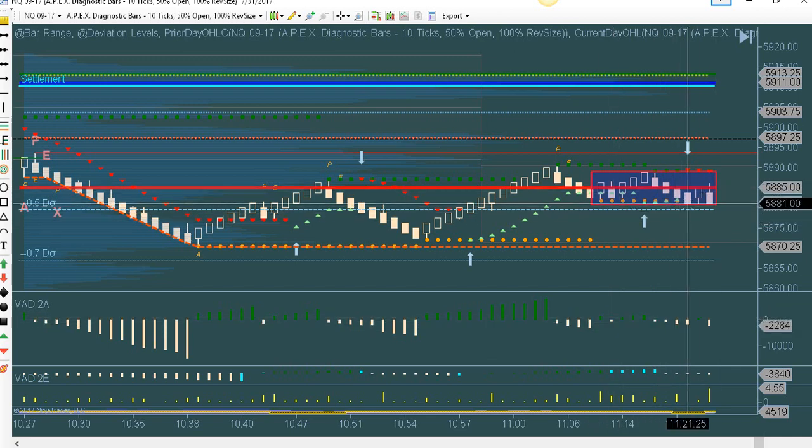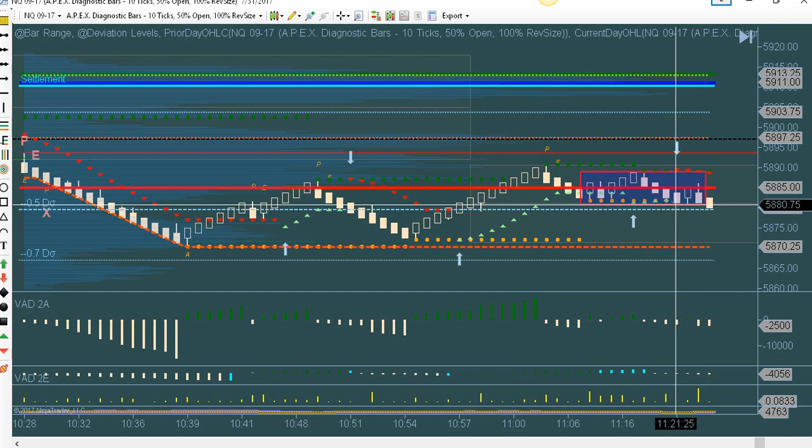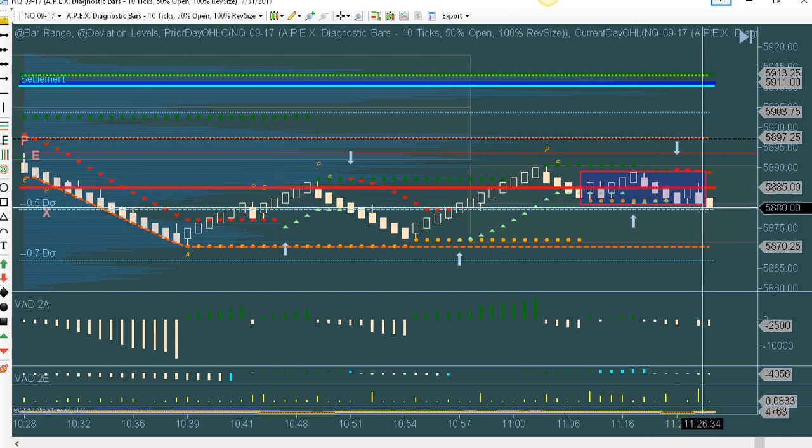So what if we placed our order 1 tick below the chop box? Well, then the market came up, then the market came down, and then look what happens. Boom. The market did break out 1 to 3 ticks under the chop box, didn't it?